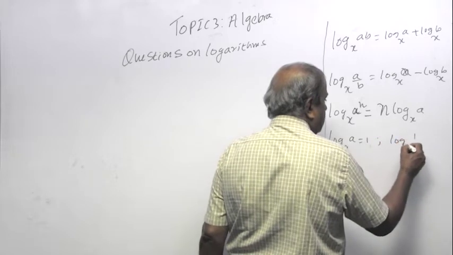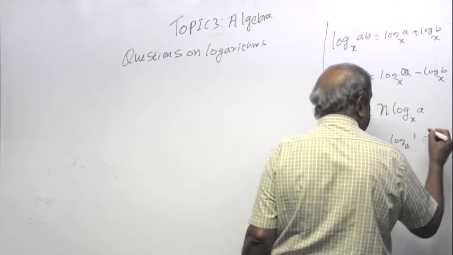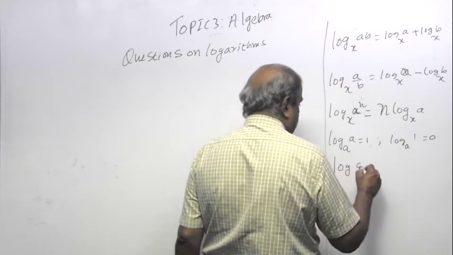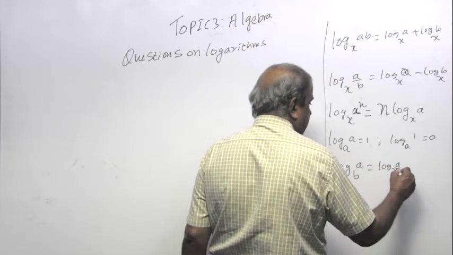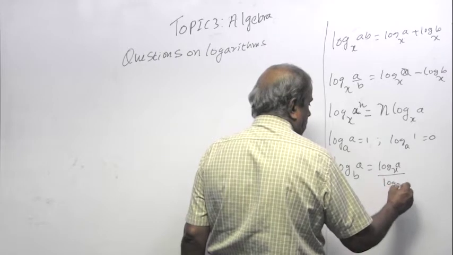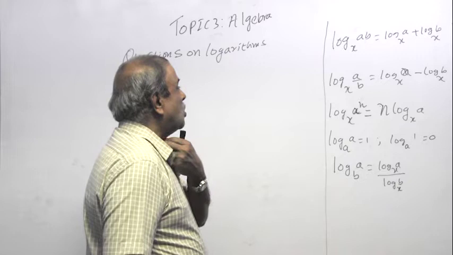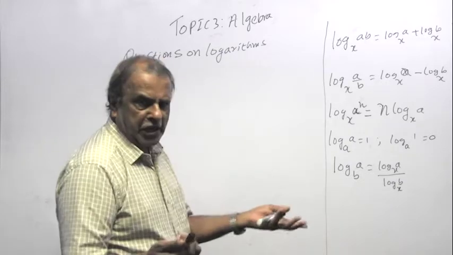Log of 1 to any base is 0. And we did the change of base: log of A to base B is log of A to base x over log of B to base x. I will add 2 more as we go on today, not exactly definitions, but information.